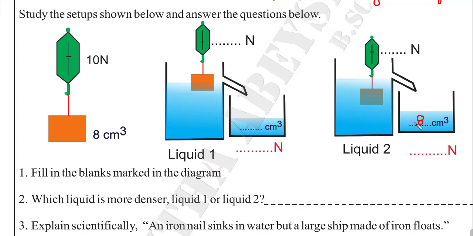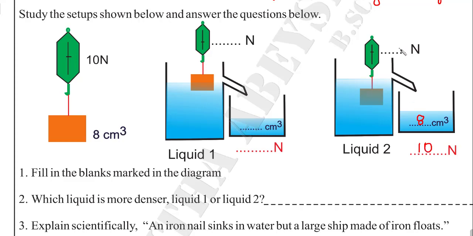They are completely filled there, then the upthrust equals the weight of the object. Weight of the object is 10 Newton, we can write the 10 Newton. Weight of this liquid 2, right? Okay, that is 10 Newton, right?